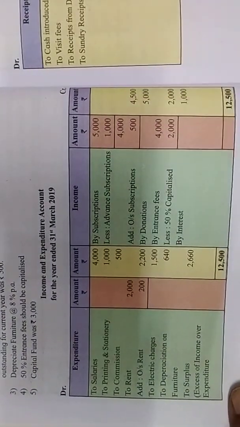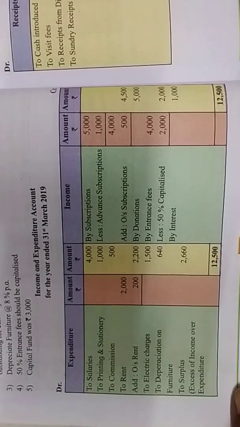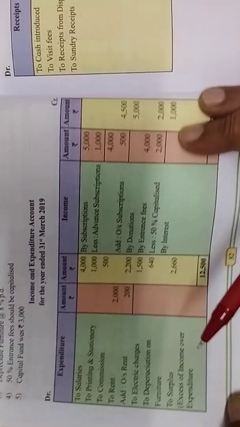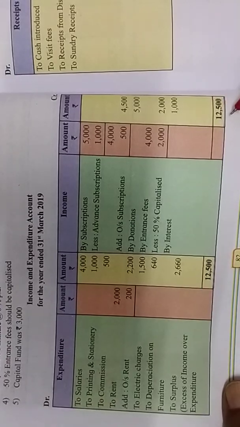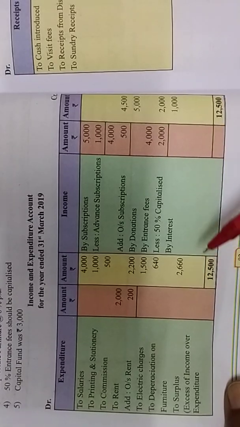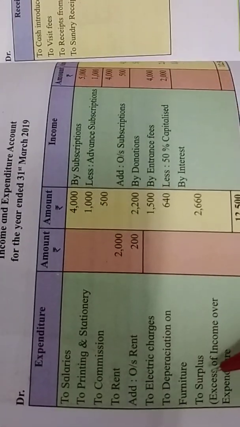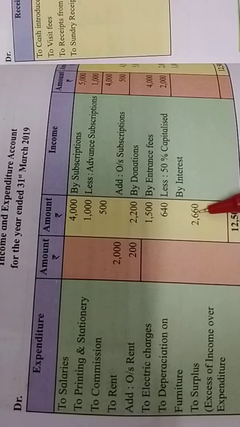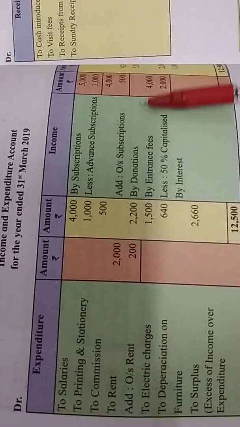Now you have to close the income and expenditure account and find the surplus or deficit. Which total is greater? The income side, 12,500. There should be a surplus: to surplus 2,660. Surplus means excess of income over expenditure. Income is greater.